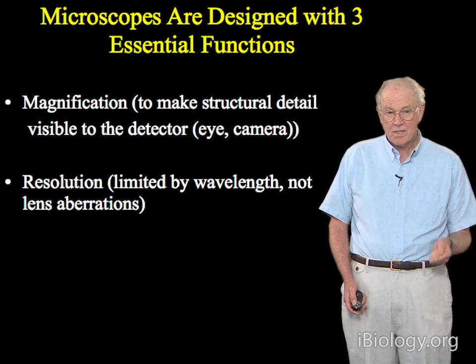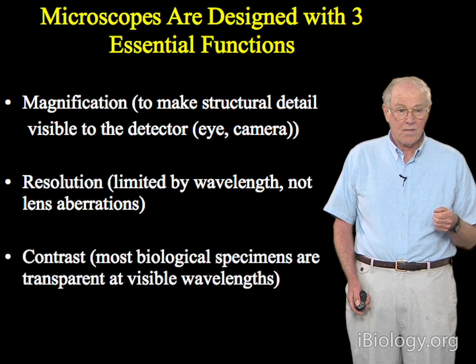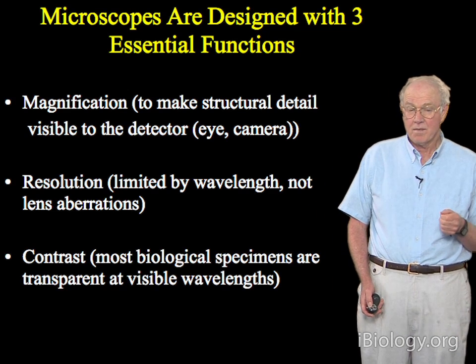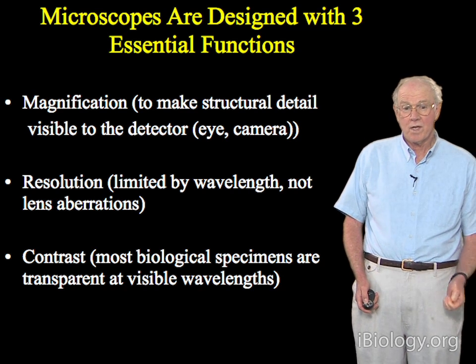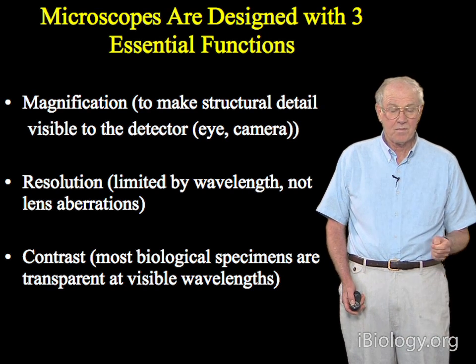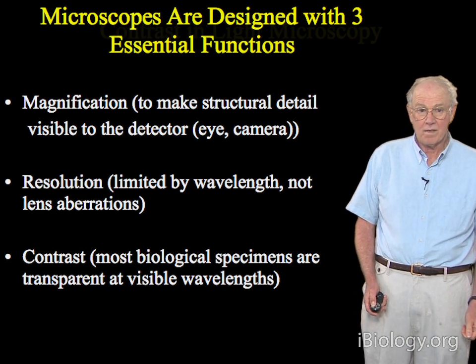And these are mostly taken care of by the manufacturer of microscopes. And the third is contrast, and most of our biological specimens are transparent at visible wavelengths, and some means of generating contrast for specimen structural detail is required.